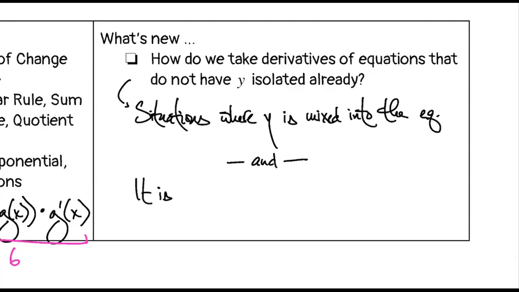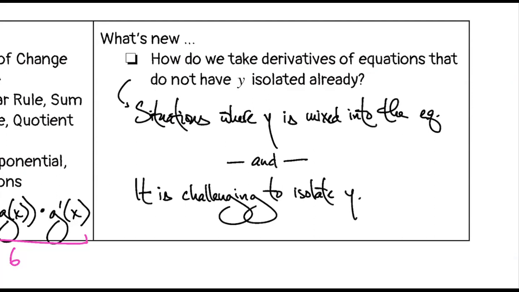it is challenging to isolate y, okay? So if you're thinking and you're preparing for the exam and you're like, how am I gonna know that I'm supposed to use implicit differentiation?